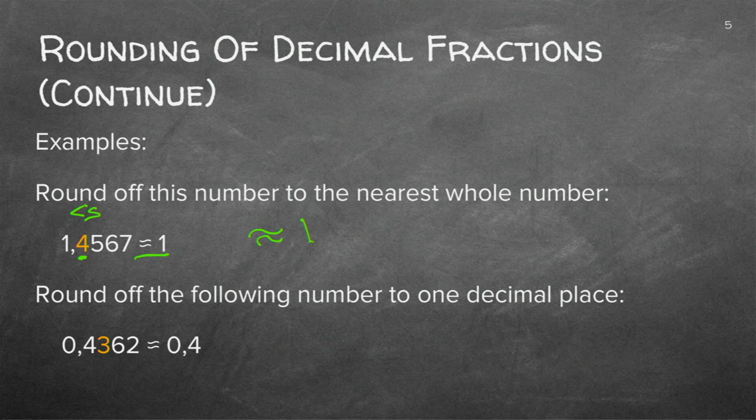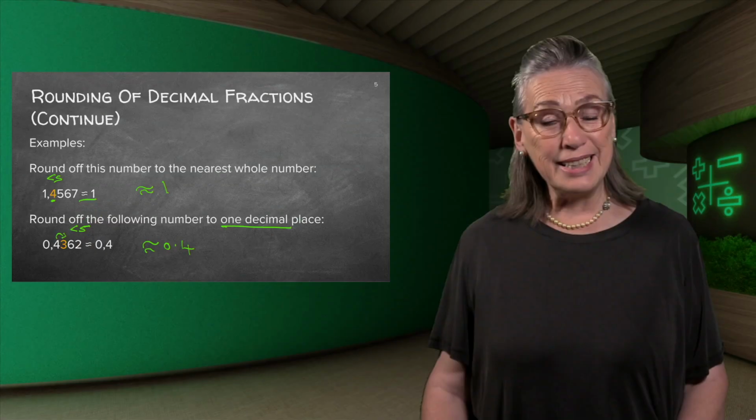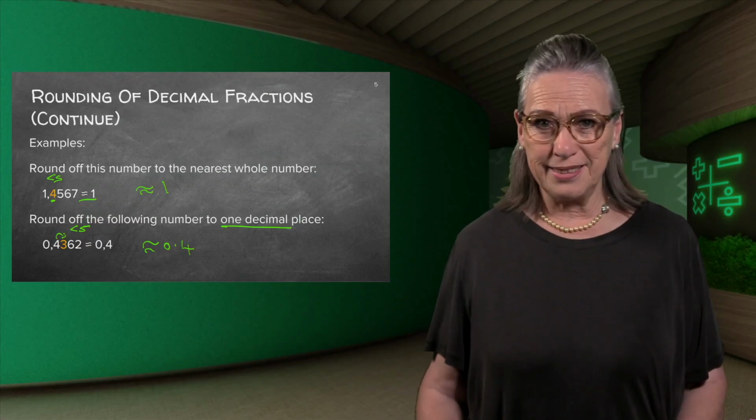And if they ask us to round off the following number to 1 decimal place, we look at the number next to the first decimal place, which is 3. It is less than 5, so the number is going to stay 0,4. If you don't understand, please pause it and look at it again and make sure you understand.